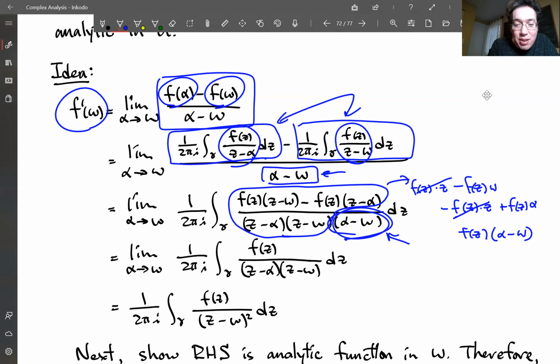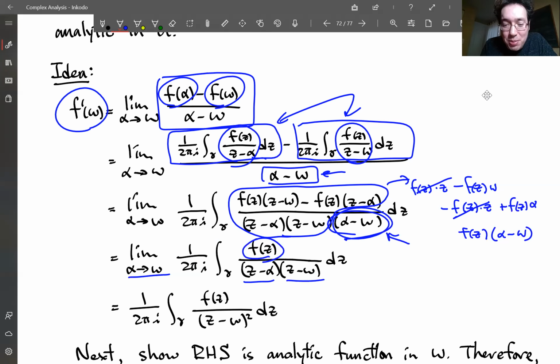If we do that, we just have f of z on the top and z minus alpha and z minus w on the bottom. But now that we write it this way, we canceled out the division by 0 we get from putting alpha and w closer and closer together. We're taking the limit as alpha goes to w, and now there's no division by 0 if we take the limit.